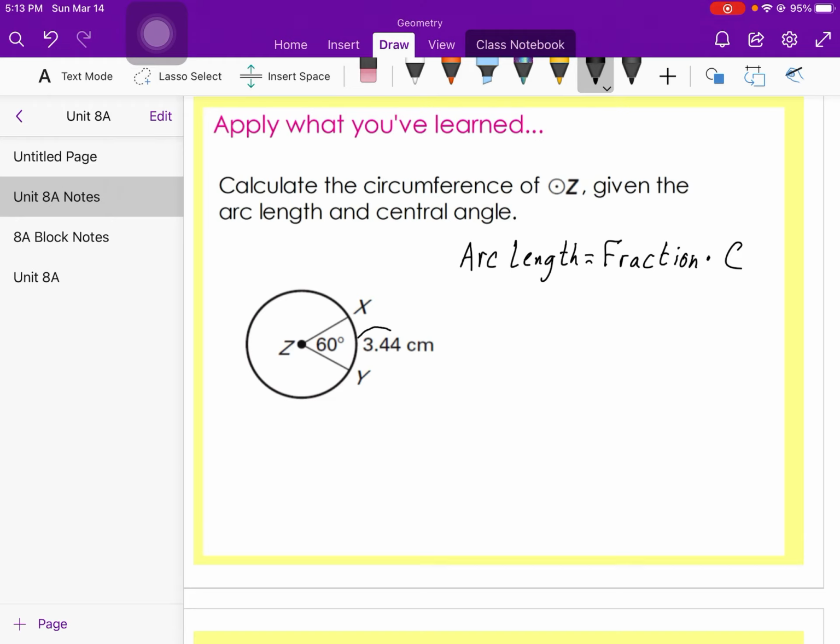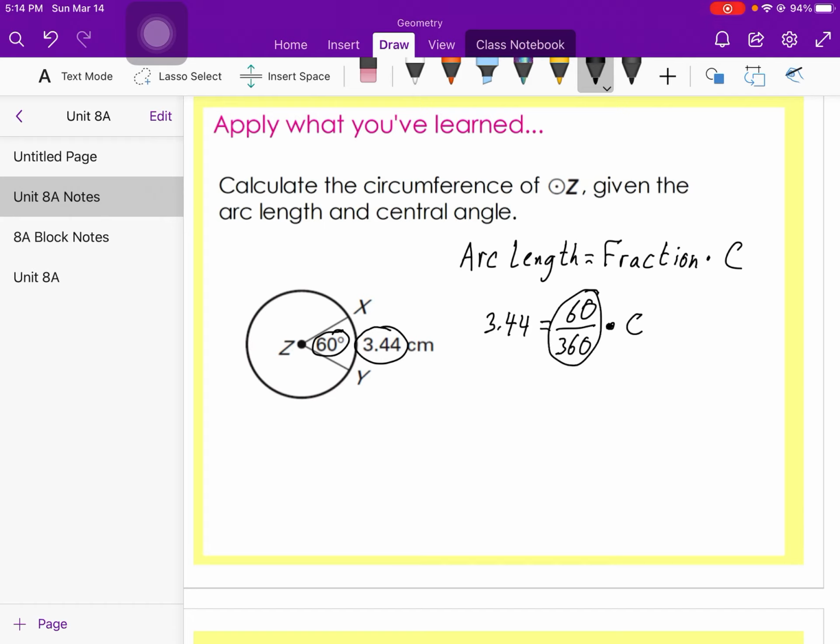So the arc length we have, that's this value right here, this 3.44. The fraction would be this out of the 360. So 60 over 360 times the circumference is what we're trying to find. So I'm just going to call that C. You could call it X, whatever you want to do.